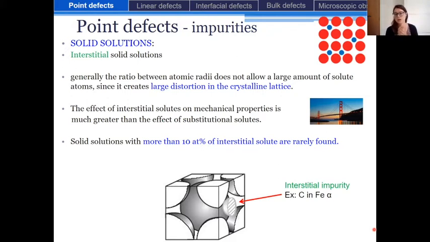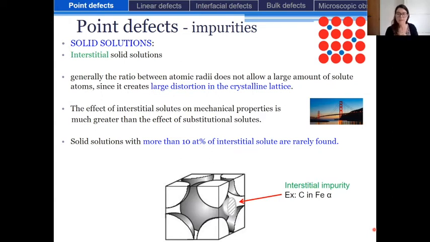Also, in interstitial solid solutions, we will rarely find a concentration of interstitial solute higher than 10 atomic percent. And the introduction of a solute atom generally will introduce some lattice distortion of the host atoms.